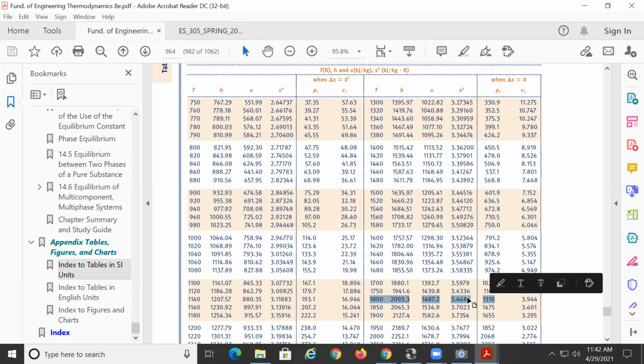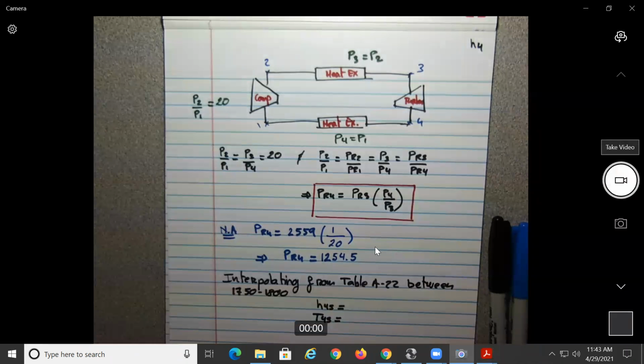You should be able to give me the value of H4S and T4 or T4S, as we had before. I don't know if we're going to need those temperatures, but on the previous interpolation they gave us the T2S, so go ahead.